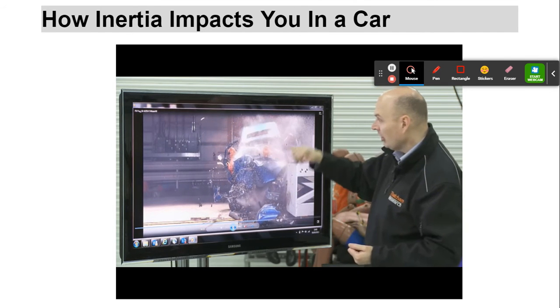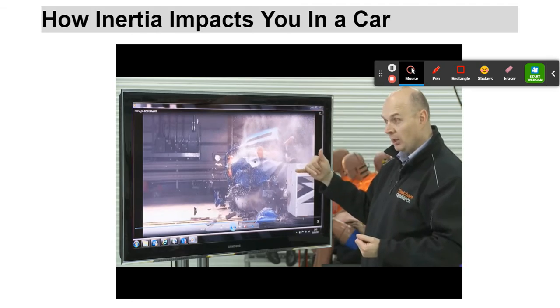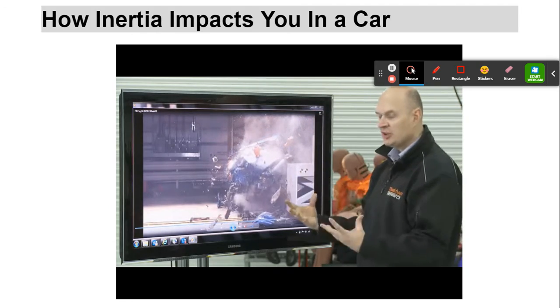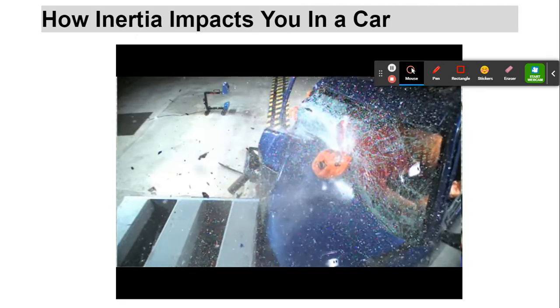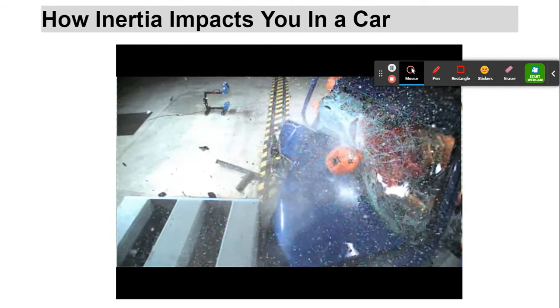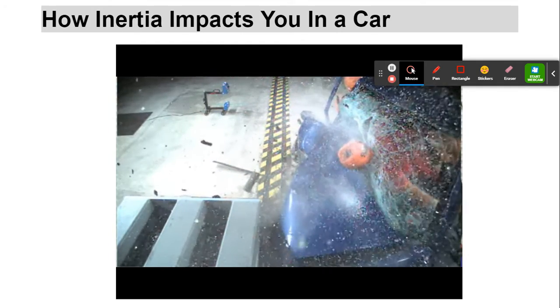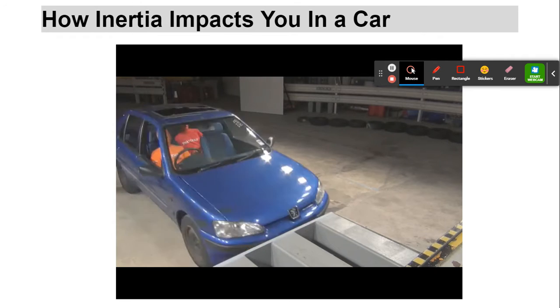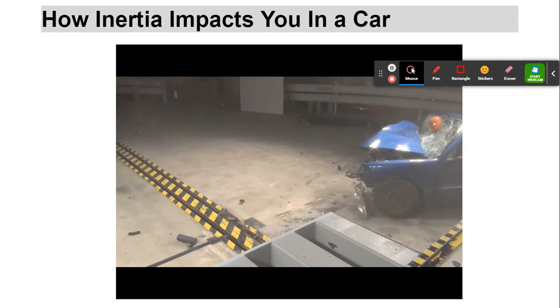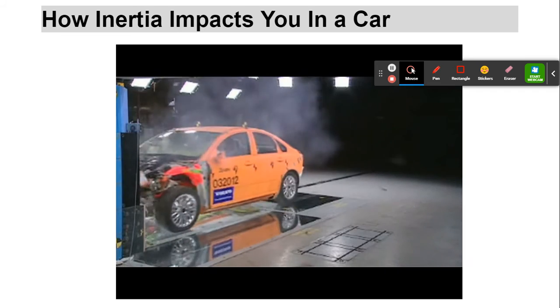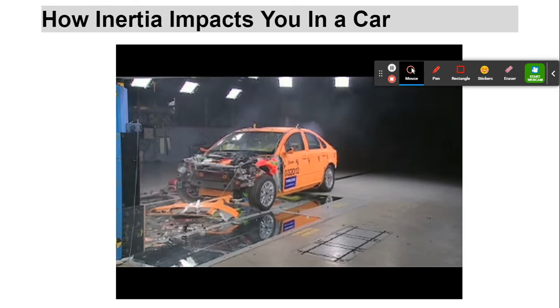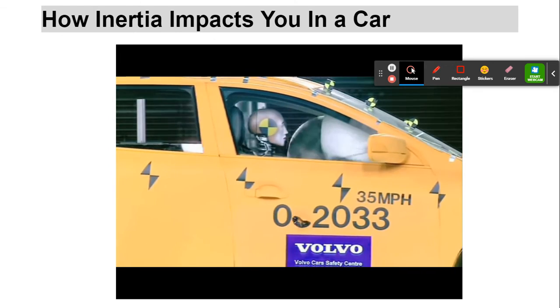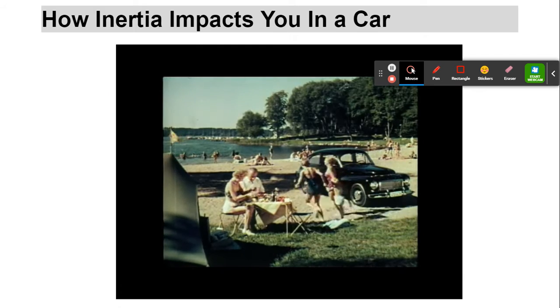The poor passenger, even though he was in the back of the car, protected by the front seat, because he's not restrained, he goes through the front seat and he's gone through the windshield, and you can see his head still sticking out there. Of course, in real life, you get a lot less time to regret not doing up your seatbelt. Newton's first law gives us the idea that in a car crash, things keep going until something stops them.